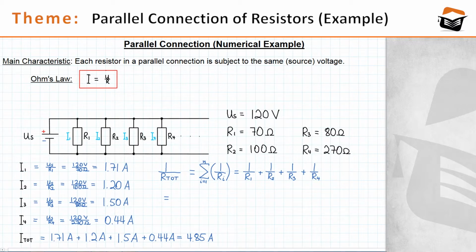So don't do the following. So don't do this. If you had a product here instead of a sum, you could do this because then you could simply put all your values into the denominator, but don't do that here. Okay, so that's a no-go.